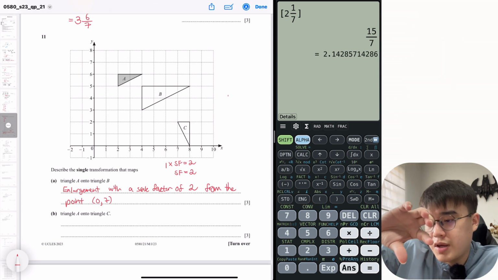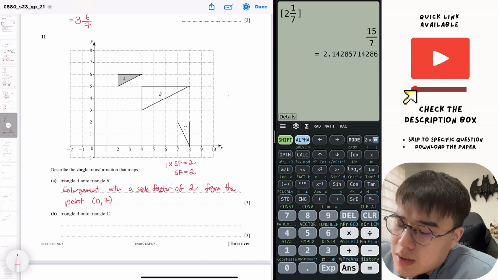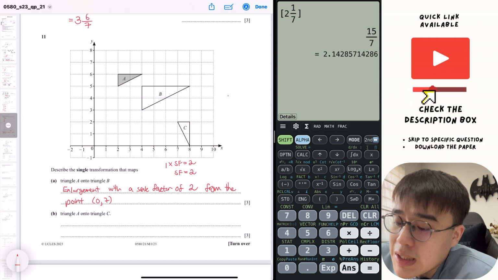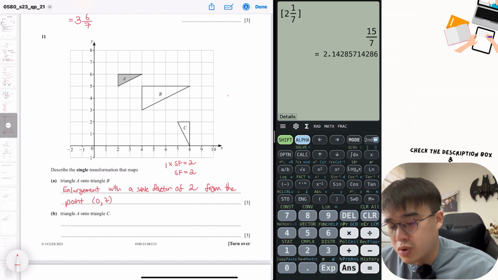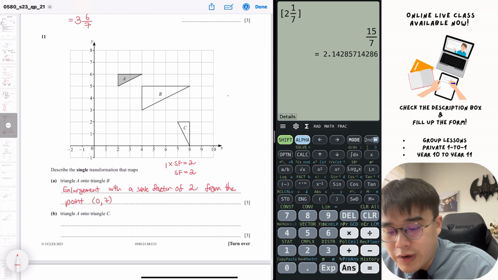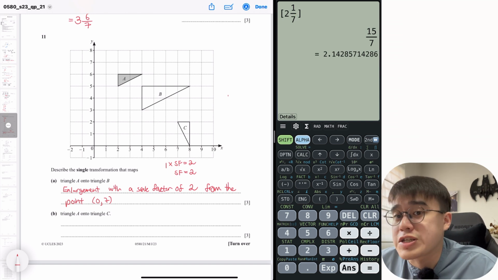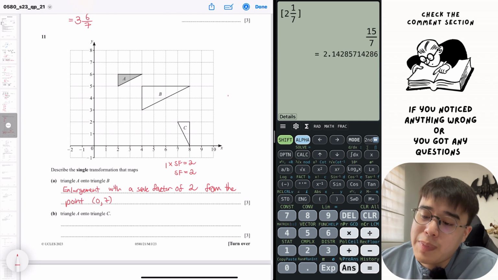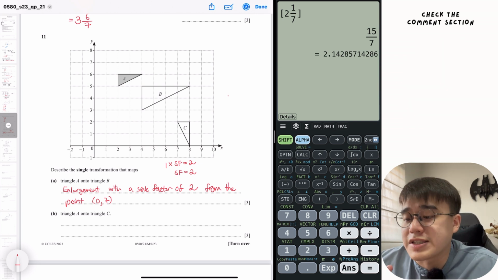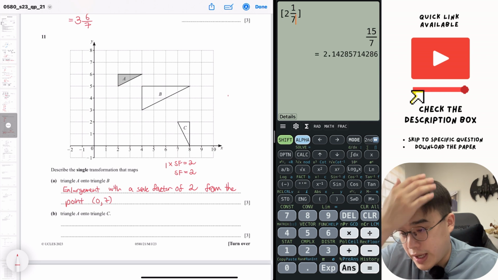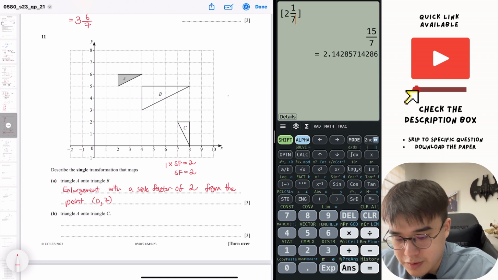And from A to C, it is using 90-degree clockwise. So if you're able to write these two things down, you at least secure 2 marks. And the hardest part here is actually identifying the center of rotation.